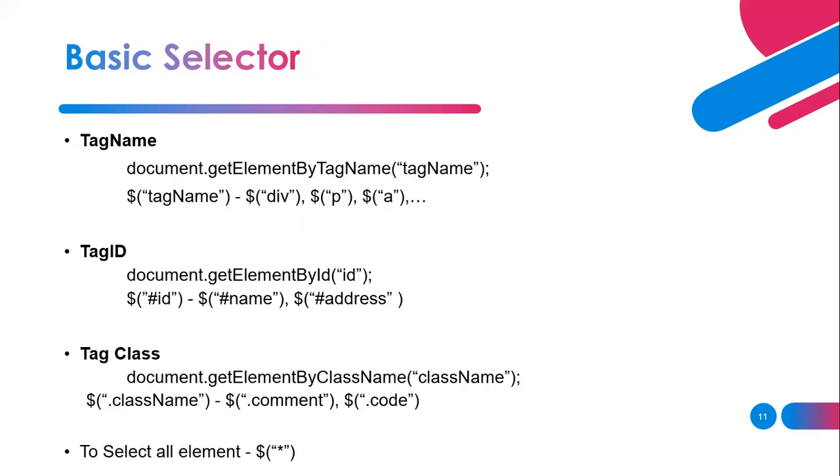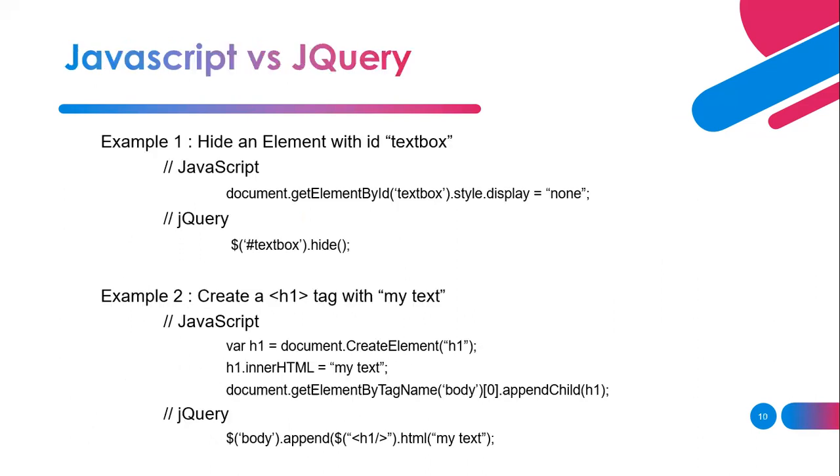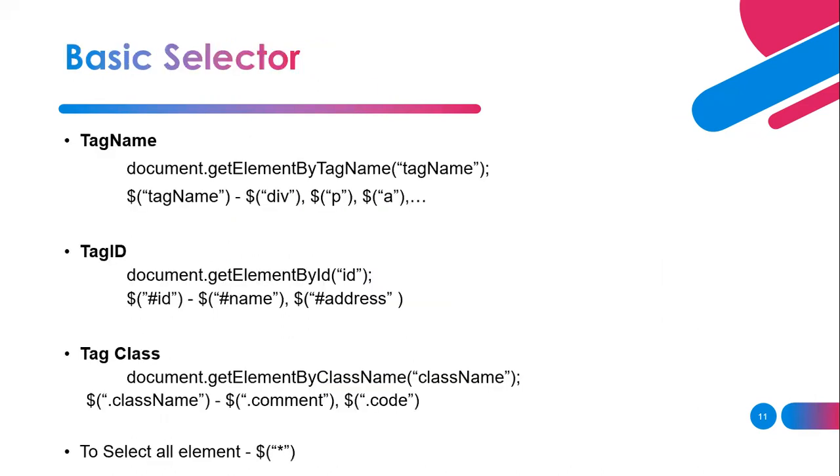And this is the selector, like we have seen before. In JavaScript, the selectors are getElementById, by tag name, and by class name. Maybe you have opened your last week's job sheet to remember it.